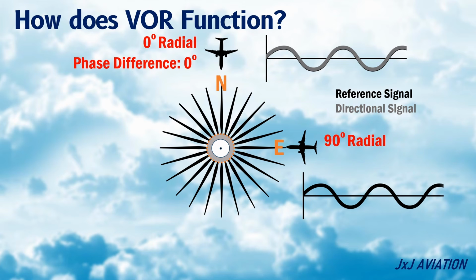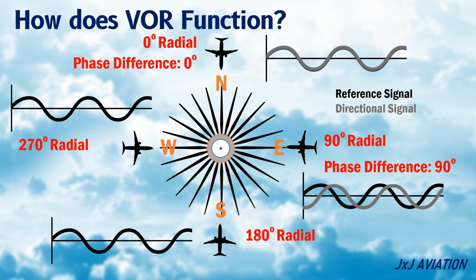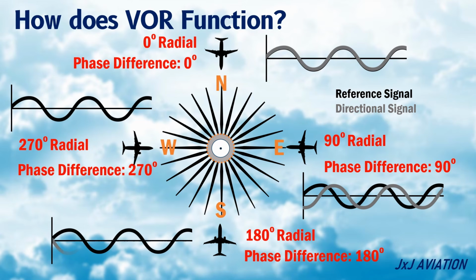The phase difference will be 90 degrees. Similarly, if the aircraft is south or west of the VOR, the radials will be 180 and 270 degrees. The phase difference between the signals will be 180 and 270 degrees.